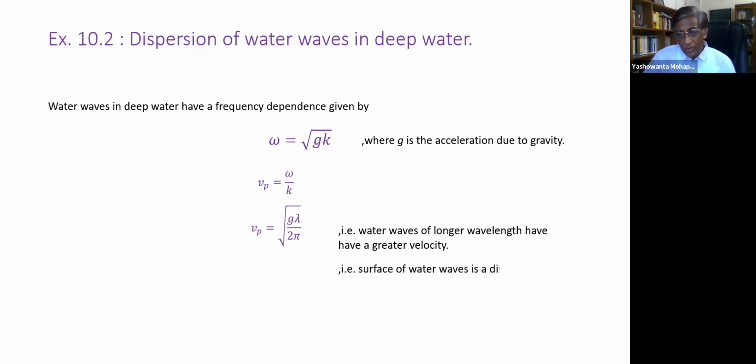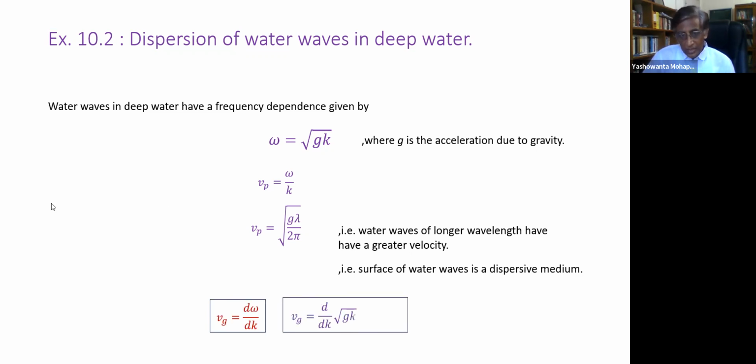The surface of water waves is a dispersive medium. Vg is d omega by dk, which is half root over g by k. You can see that in this case, the group velocity is half of the phase velocity.